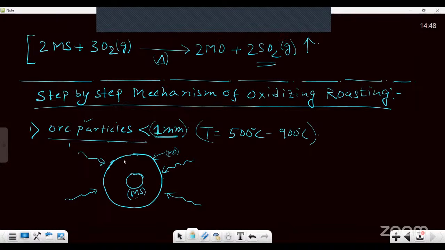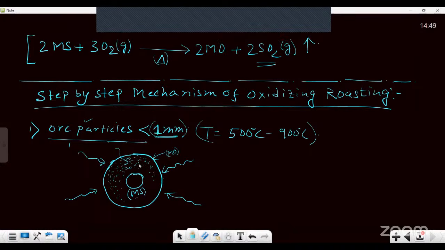But you see, this metal oxide layer must be porous. Why must it be porous? It should have enough pores, or enough permeability, meaning it should allow oxygen to pass through the layer.